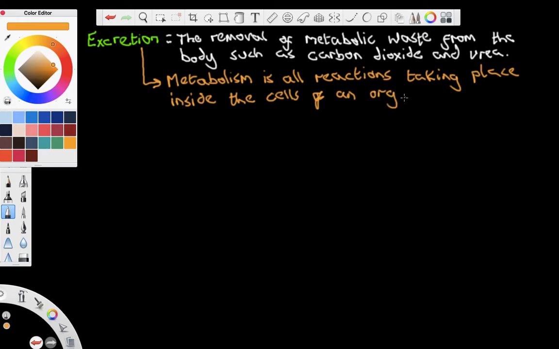Okay? Now, these would include respiration. Respiration would be part of your metabolism, and in fact, it makes up the majority of your metabolism.